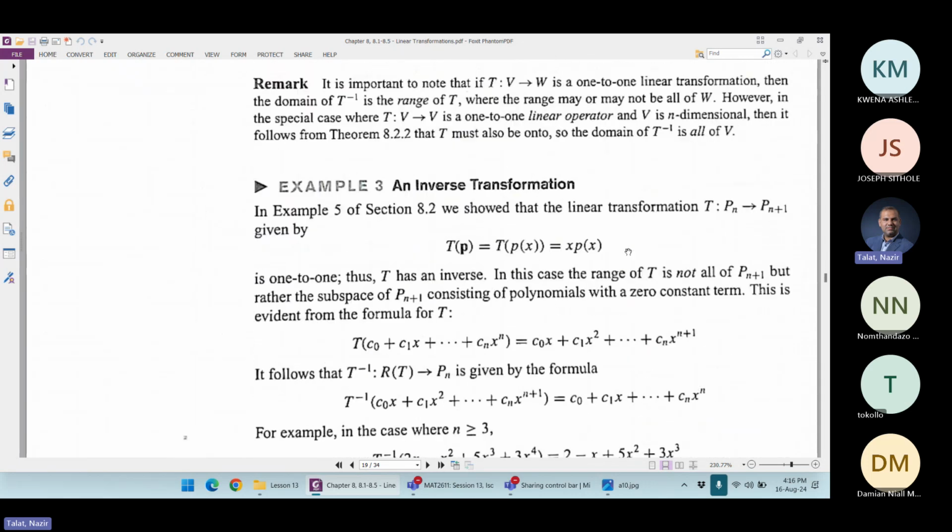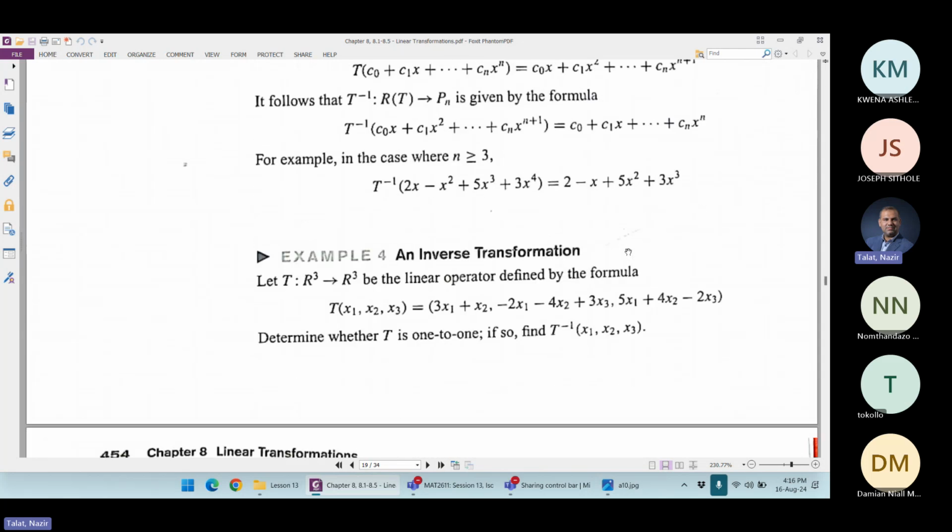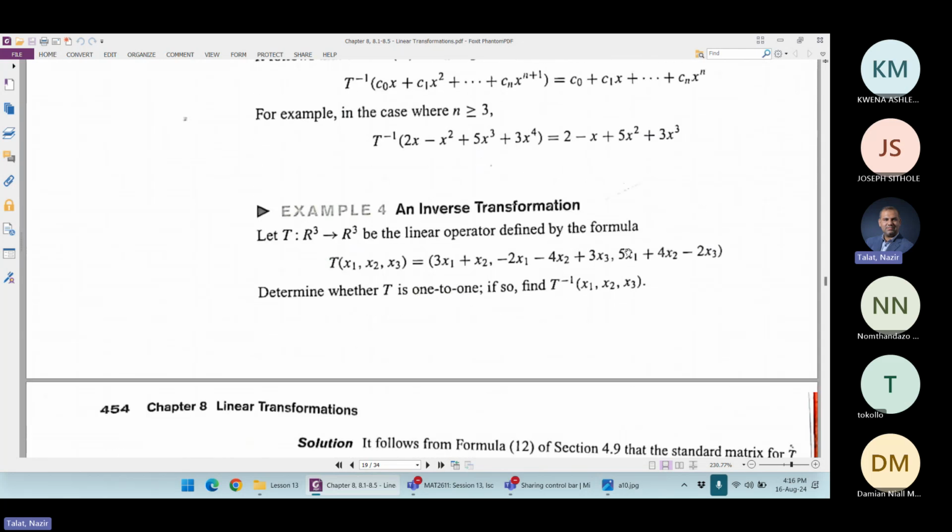So for the inverse, how to calculate it is one thing, and whether the inverse of the transformation exists or not is another thing. For example, if T is a linear operator from R3 to R3, defined in this way, then determine whether T is 1-1 or not, and if T is 1-1, then find its inverse.